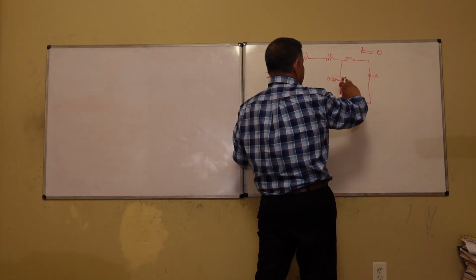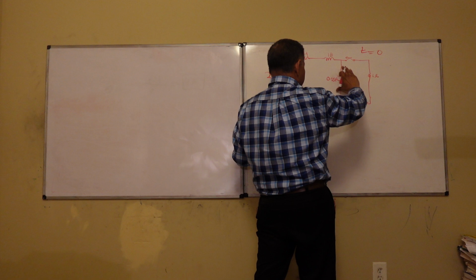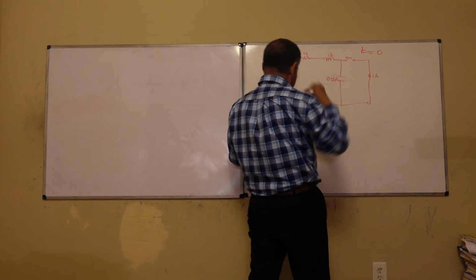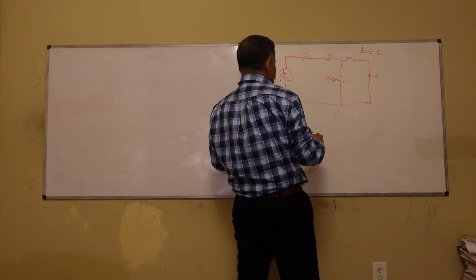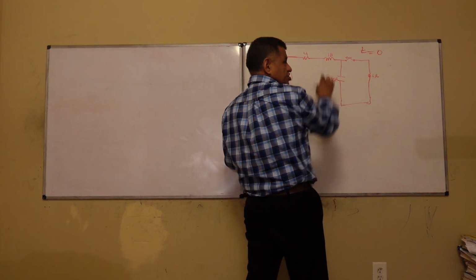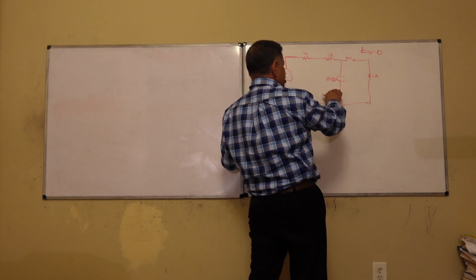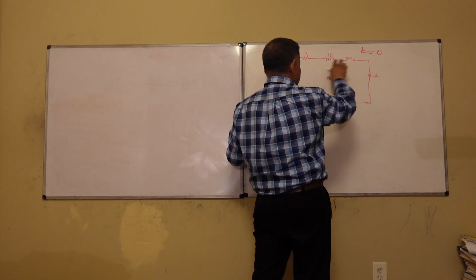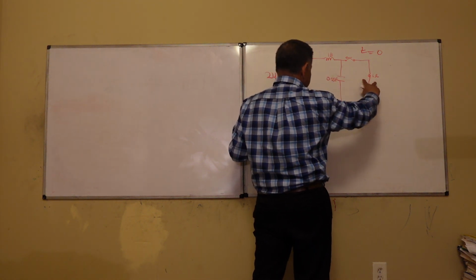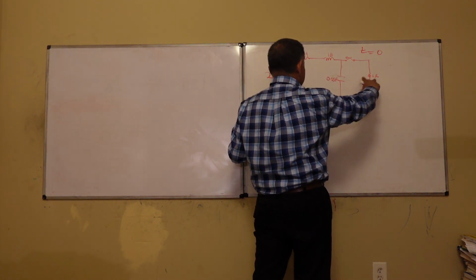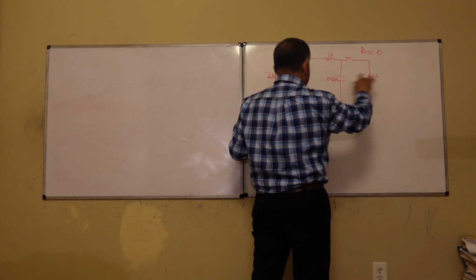So you see, this guy is not even here, right? Because it's acting like an open circuit, and then we take this guy as a short circuit. We're just dealing with these two guys, right? And I think you understand that.